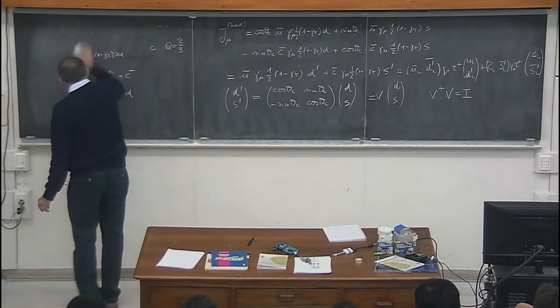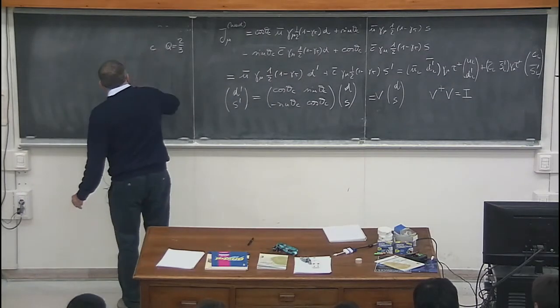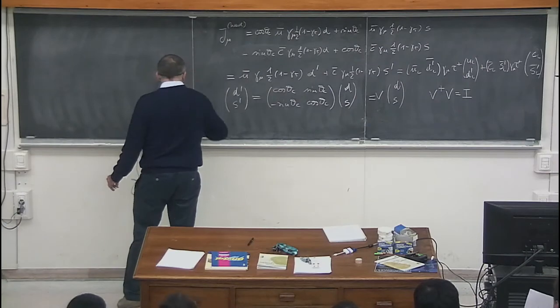Why is this a solution to the flavor changing neutral current problem? The reason is very easy.